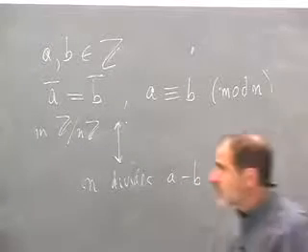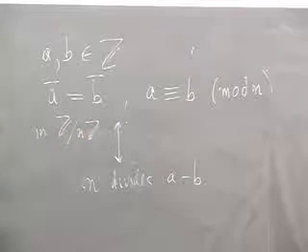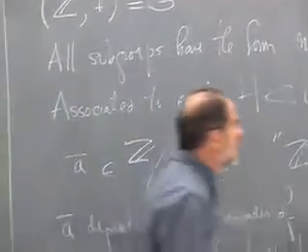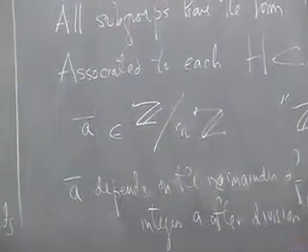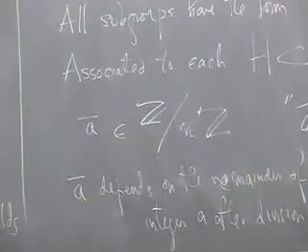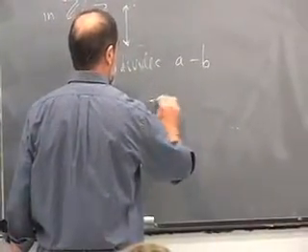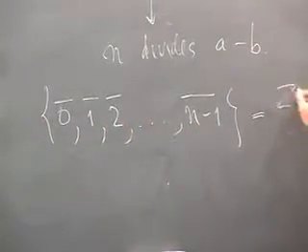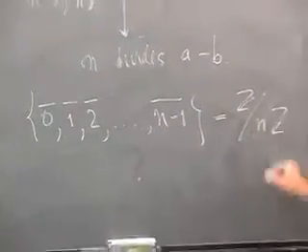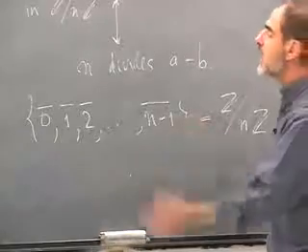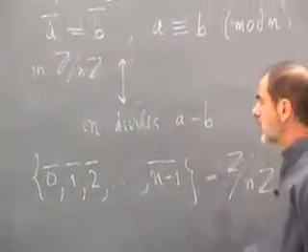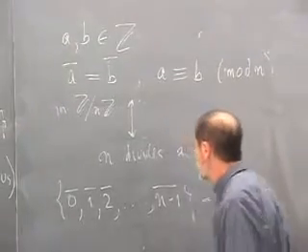And so in particular, this new group, which only depends on the remainder, has only n elements in it. So this new group consists of the elements 0 bar, 1 bar, 2 bar, up to n minus 1 bar, because those are the only possible remainders. That's the group Z mod NZ. And the addition law is by adding 2 things in the integers and then calculating the remainder after division by n.